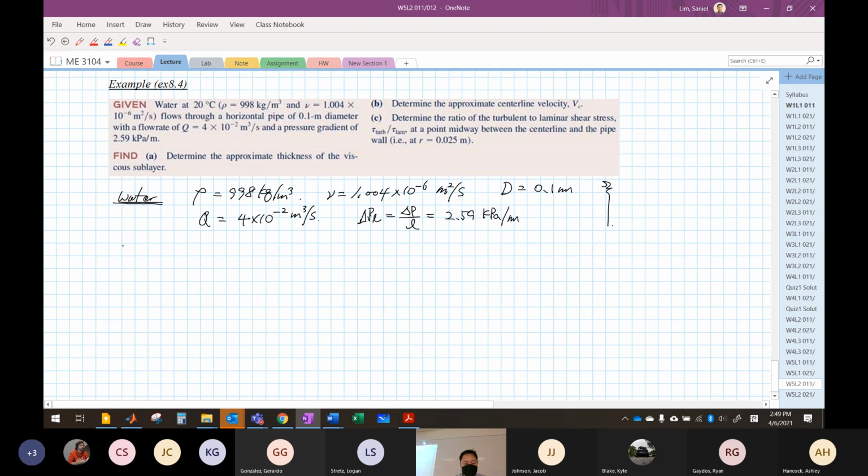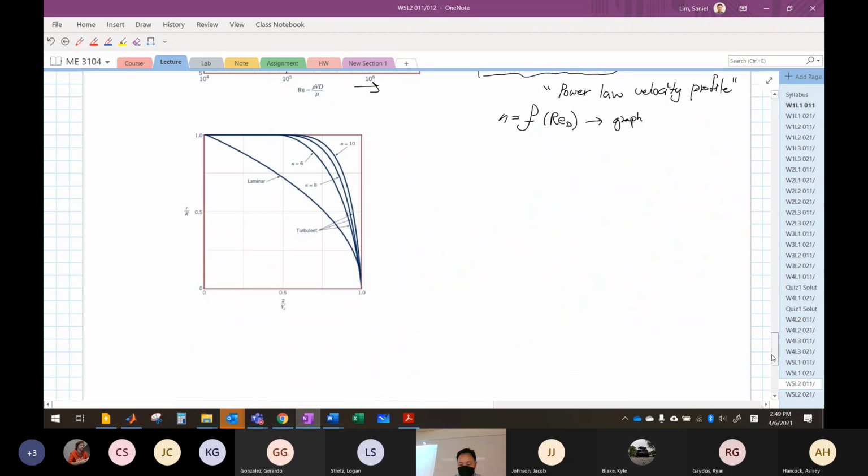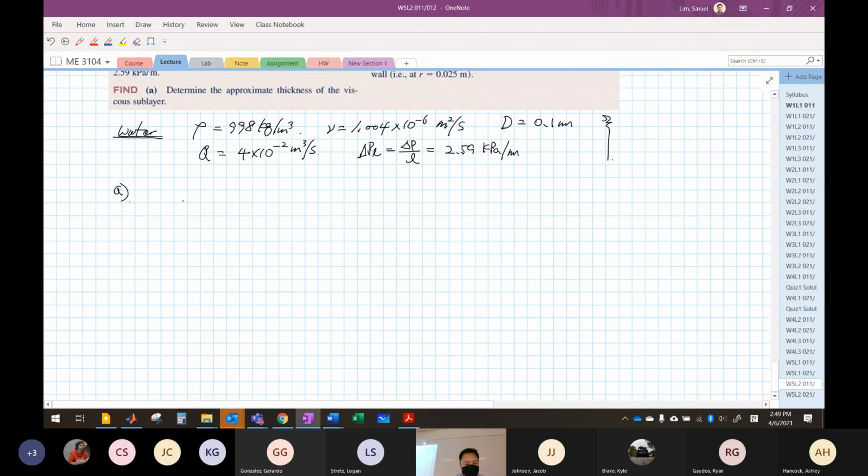So now you can analyze the actual flow behavior within the pipe. For example, like the first one, let's just solve one of them: the approximate thickness of the viscous sublayer. According to the graph, we can define that as up to y+ = yu* over nu equal to 5. So what I can do, like we did before, is set yu* over nu as 5. You can change the symbol here for the thickness of the layer.